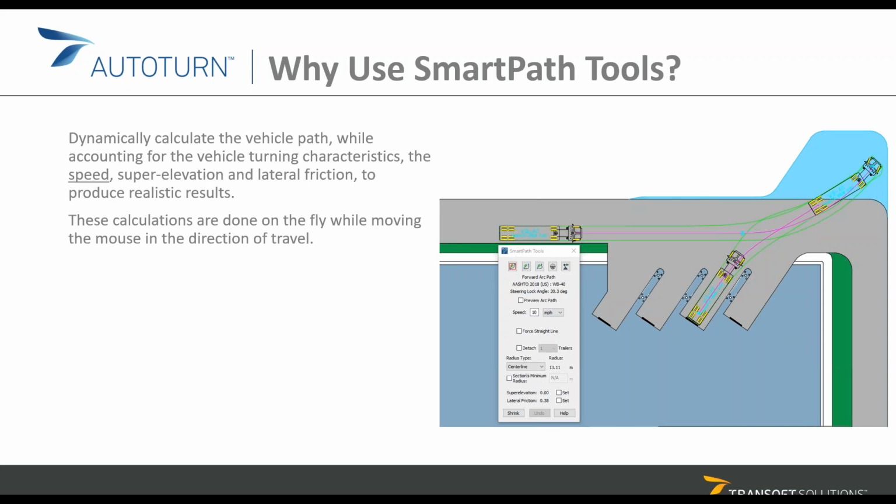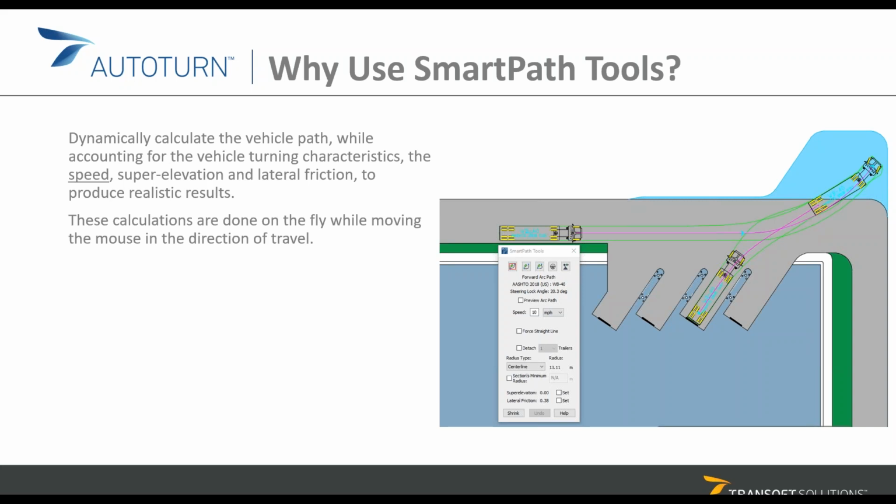And then if we have a different vehicle, something larger, say a WB67, then the path will likely be very, very different because of the difference in size. So the SmartPath Tools will save us from all these types of guessing or overlaying the template several times to try to get around.